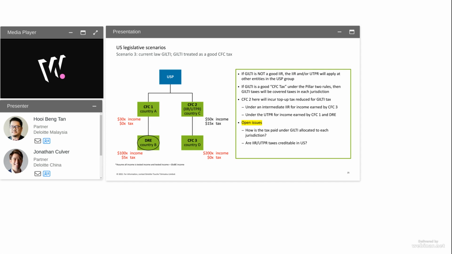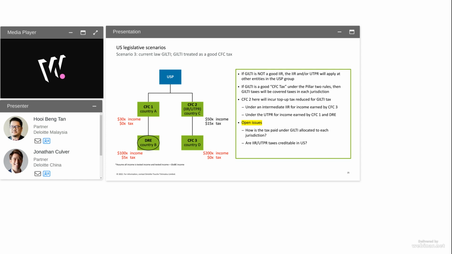So what that means is that even though there is a potential incidence of tax in country C, either under the IIR or under the UTPR for the profits of CFC1 in this example, or perhaps other entities within the structure which are sitting in the group which have a low tax outcome, there would be a reduction in the overall computation of that amount so that there isn't a double up.